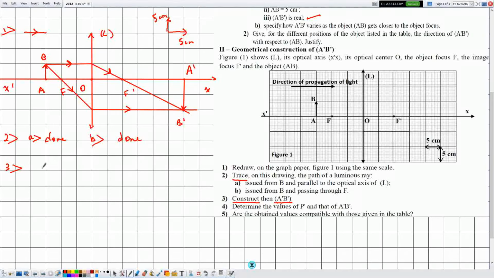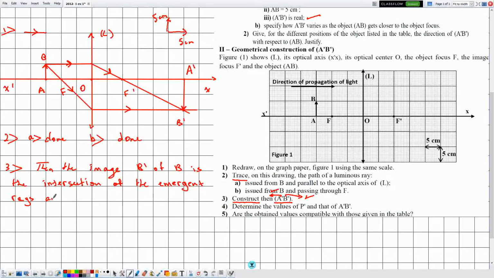Now let's do the justification. Then the image B prime of B is the intersection of the emergent rays. Now A prime, B prime consists of 2 points. We have justified B prime. We need now to justify A prime.